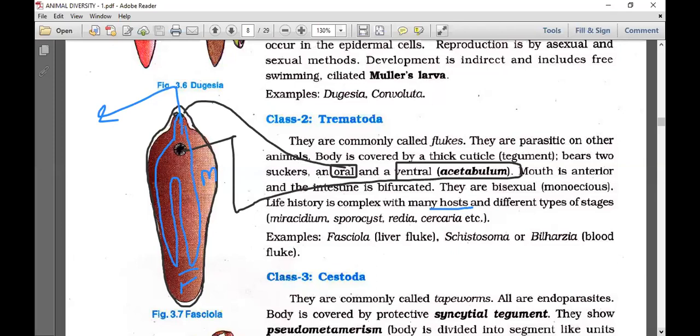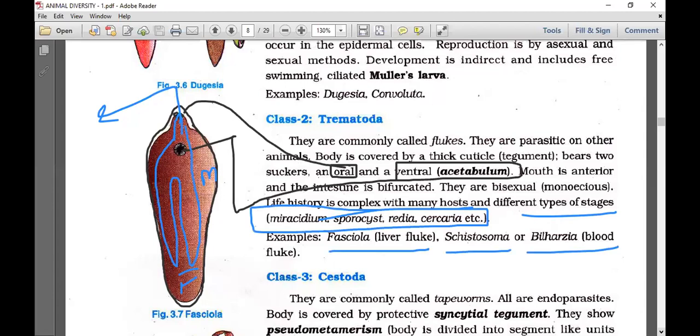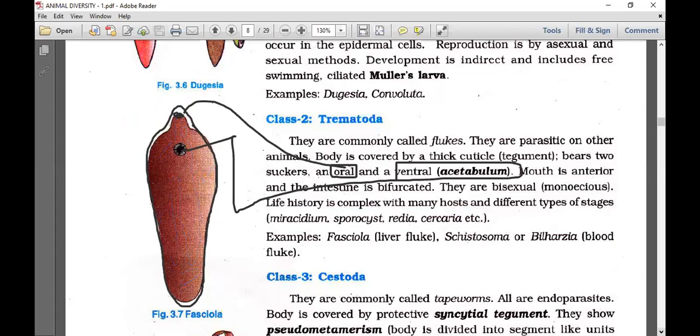The life history includes many hosts and different stages like miracidium, sporocyst, redia, cercaria. So that's about Trematoda. Examples: Fasciola, liver fluke; Schistosoma or Bilharzia, blood fluke. Okay, next, class Cestoda.